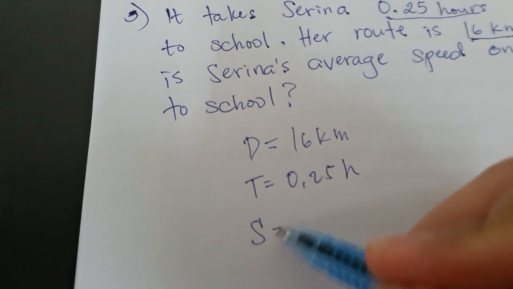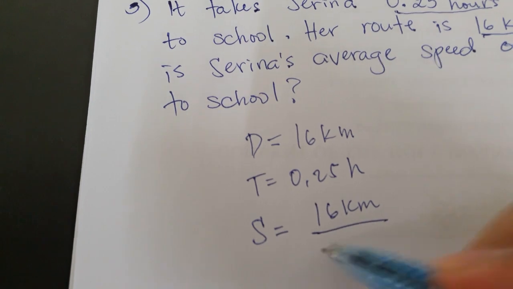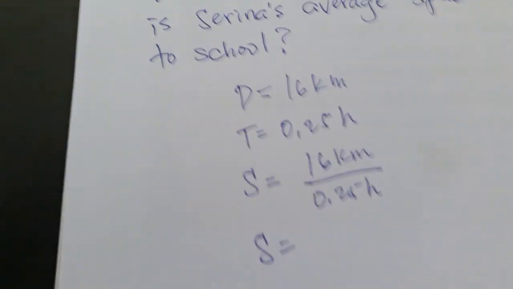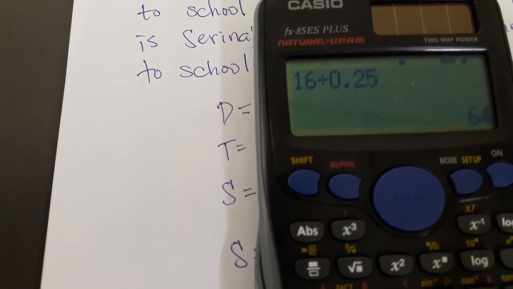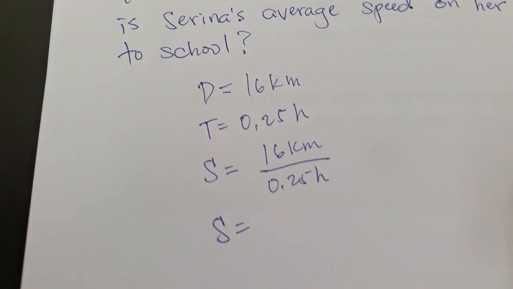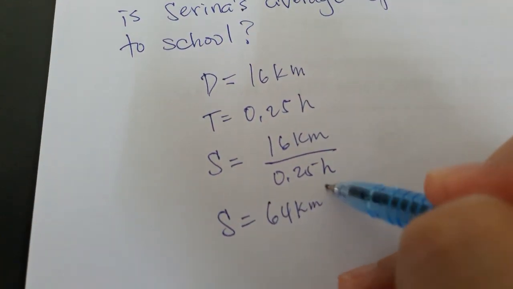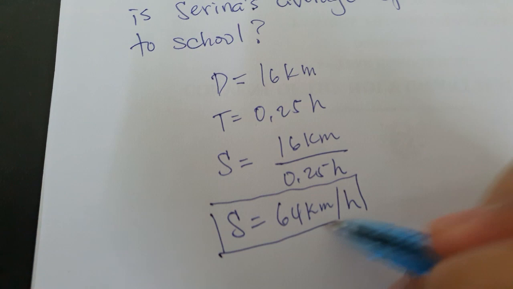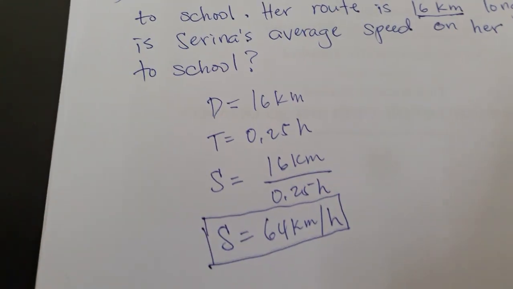Speed is 16 kilometers divided by 0.25 hours. 16 divided by 0.25 is 64. 64 kilometers per hour. So that's the answer. All right, next one.